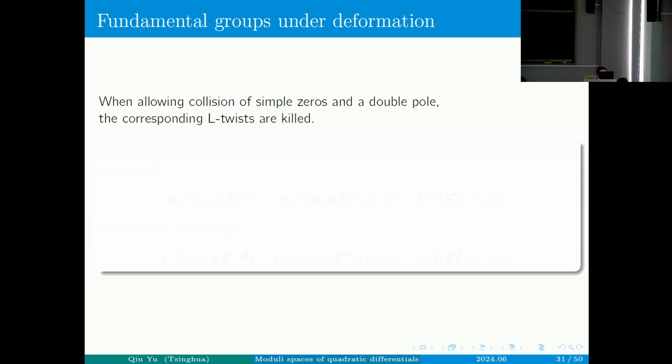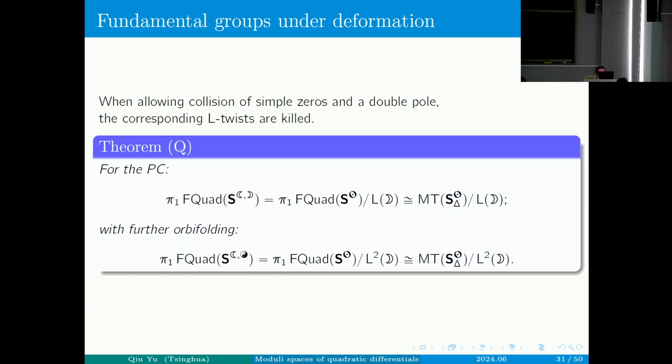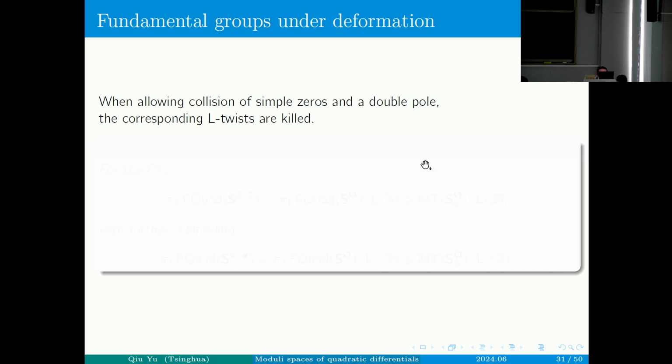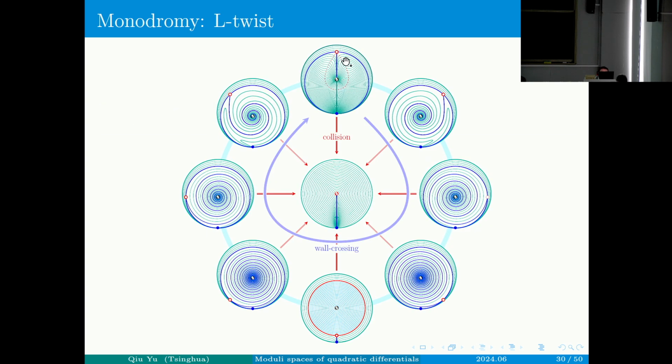Okay. So after we understand that, we can extend our main result to the partial compactification. Because what is the point? The point is that we allow the simple zero to collide with the double pole, which we fill in this point in this loop. So in the fundamental group, we're killing this loop. But this is really a two-dimensional picture I'm showing you.